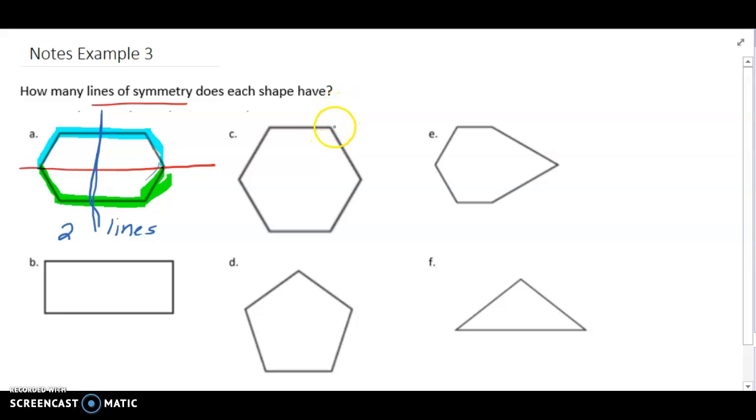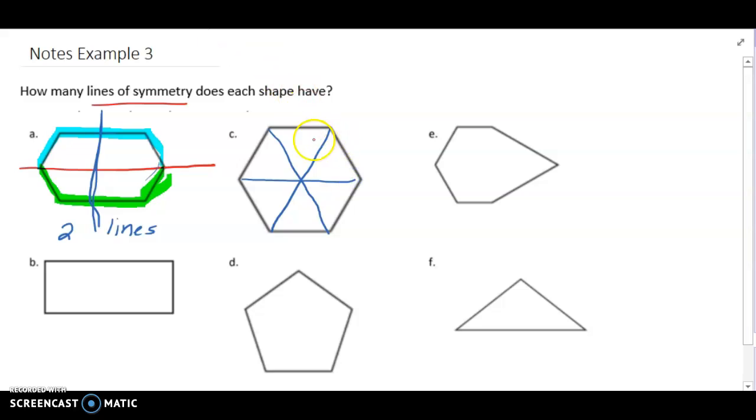So if I were to draw a line from corner to corner, okay, that'd be one line of symmetry. This right here would map directly onto this. Okay, so there's one. I could do the same thing from here to here. I could do the same thing from here to here. So there's 3.